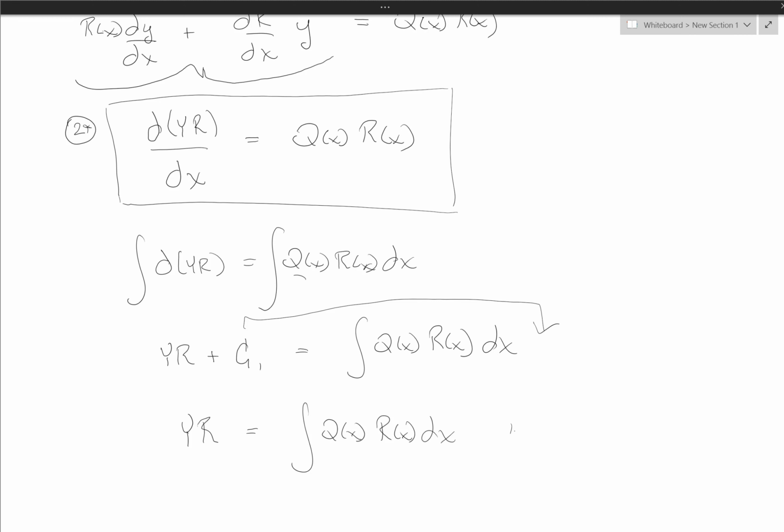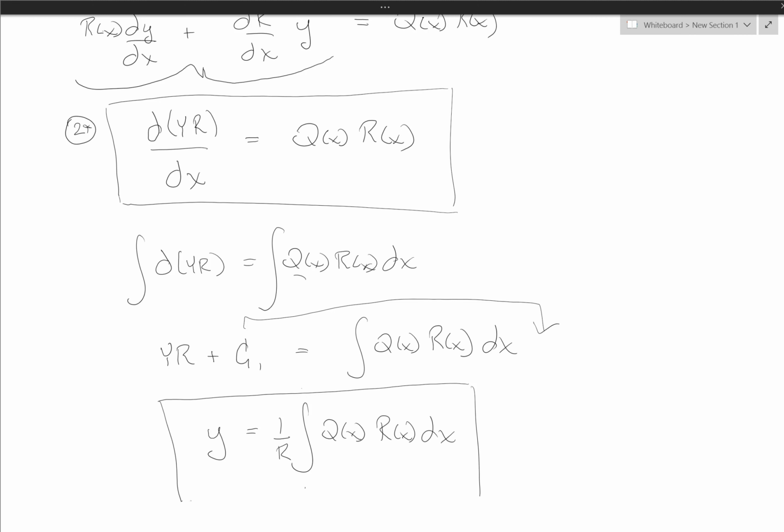You could add this constant, but look, this is an indefinite integral. It's going to generate a constant as well, so you don't really need this constant as part of your formula. So we can leave it like this, or you could just divide both sides by r, and you'll get your equation.